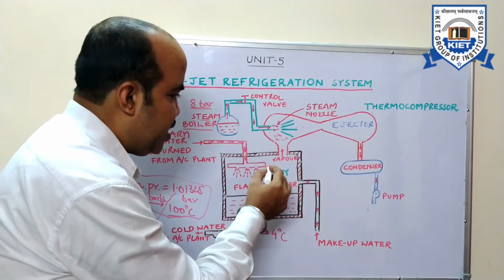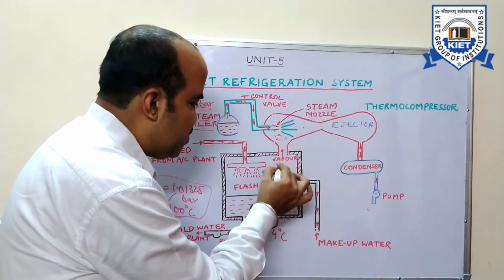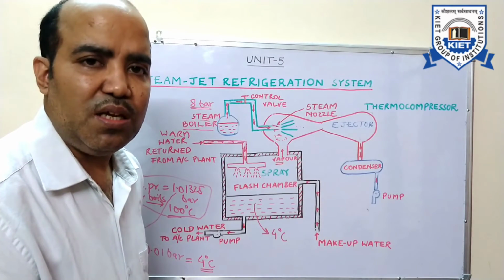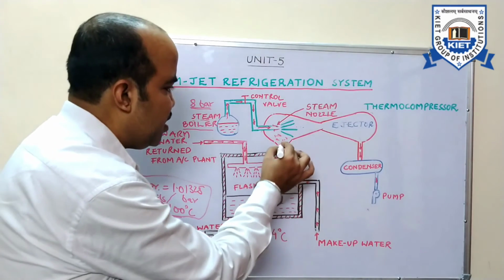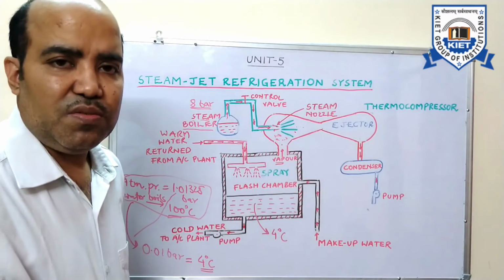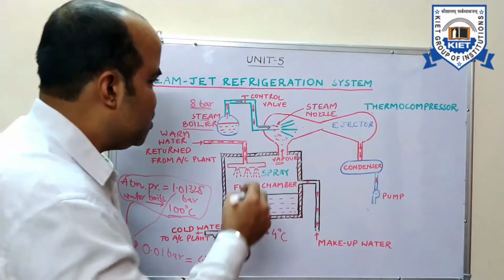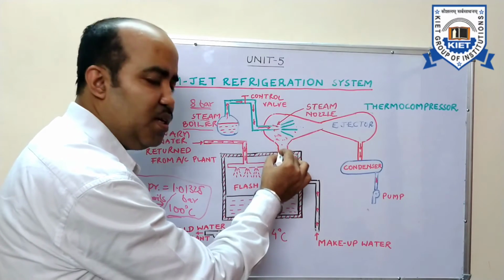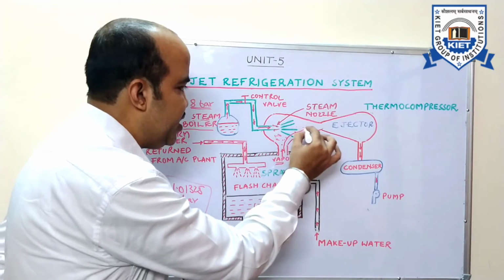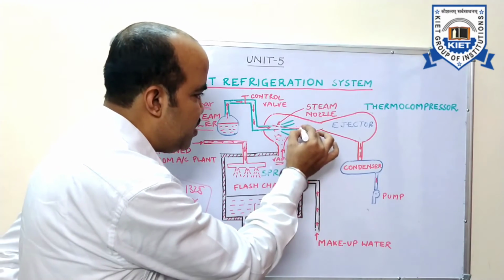Now this vapor is at a comparatively very low velocity, and it is at a higher pressure as compared to that at the exit of the nozzle. So due to the low velocity, this vapor gets entrained along with the steam which is coming over here.